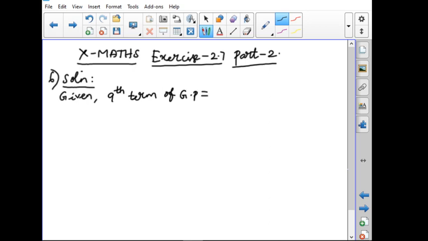Ninth term of GP equal to 32,805. We know the general term of GP is A R power n minus 1. Here n is 9, since the ninth term means n is 9.